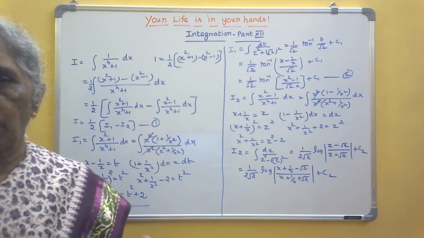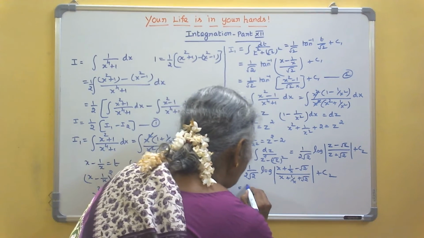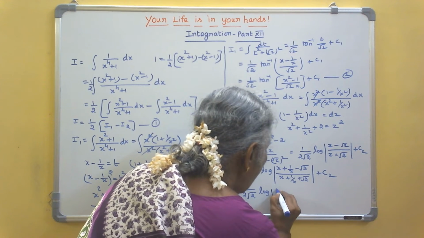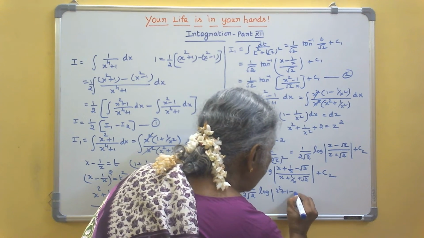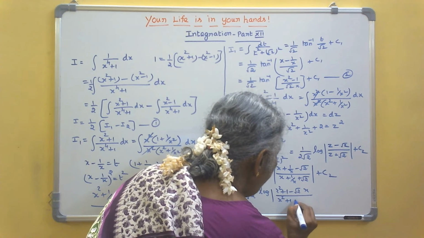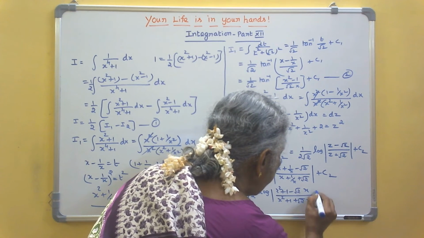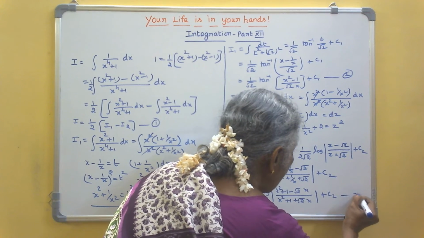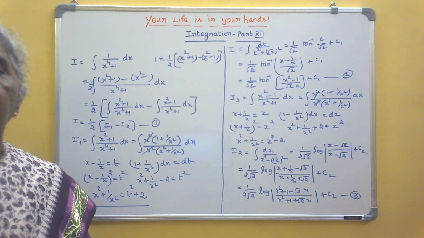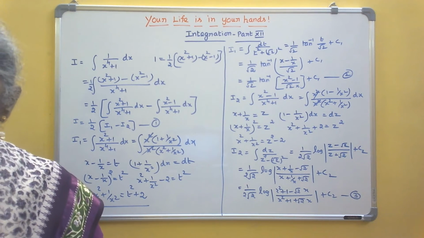The x will actually get cut. So you will get 1 by 2 root 2 log mod (x squared plus 1 minus root 2 x) by (x squared plus 1 plus root 2 x) plus c2. Mark this as 3.